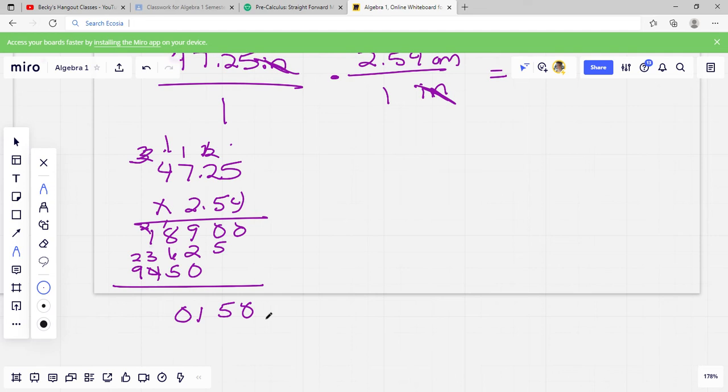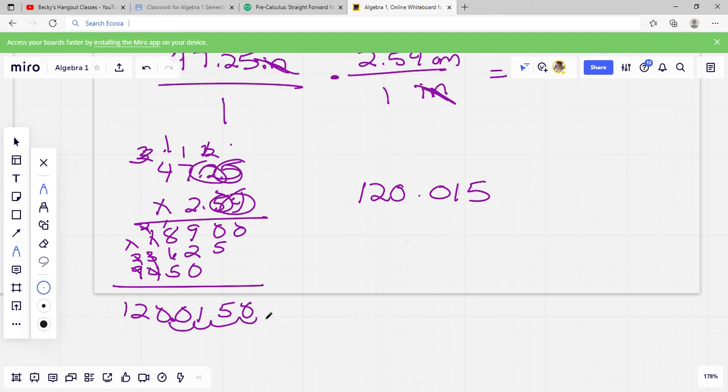Then 4, 5, 6, 7, 8, 9, 10. 9, 10, 11, 12. Okay, now I count my decimal places. 1, 2, 3, 4. Start here, 1, 2, 3, 4. Alright, I ended up with 120.015.